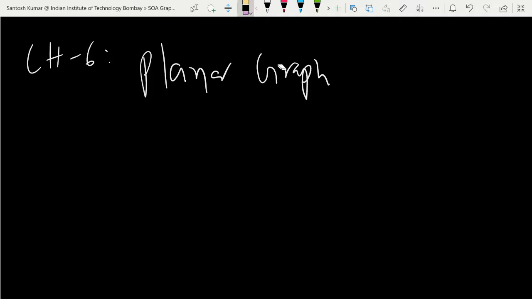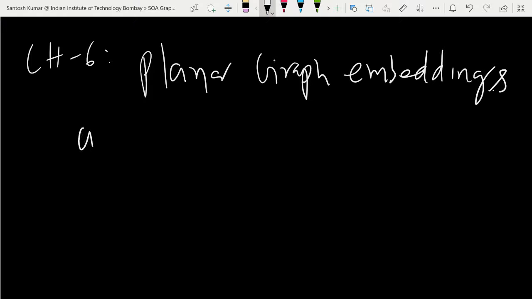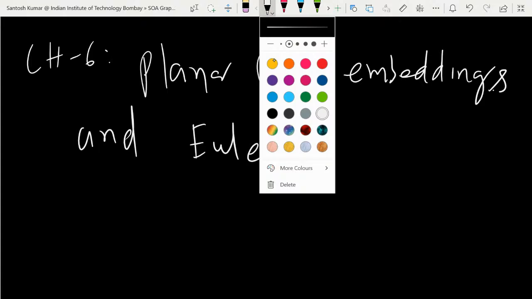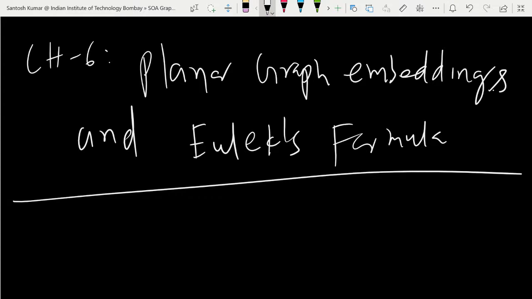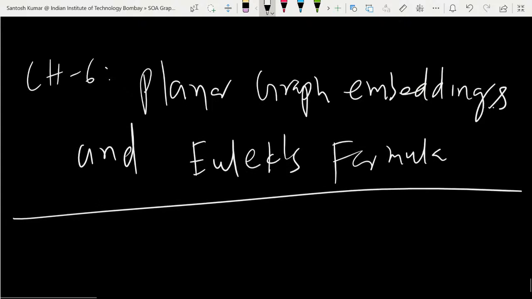Planar graph embedding and Euler's formula. Okay. So this is topic 6.1, what I'm discussing.